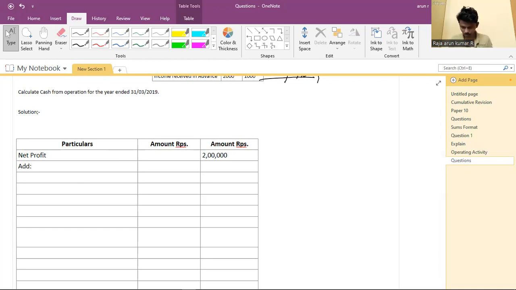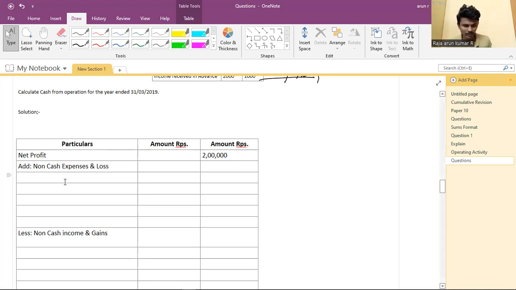This is the format. Accordingly we add and less.